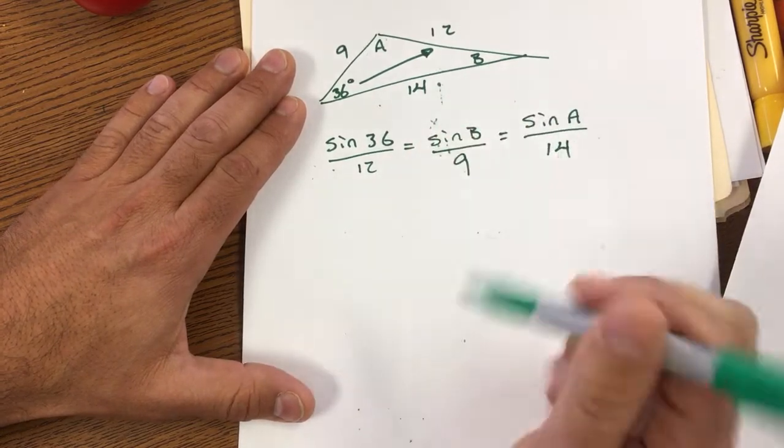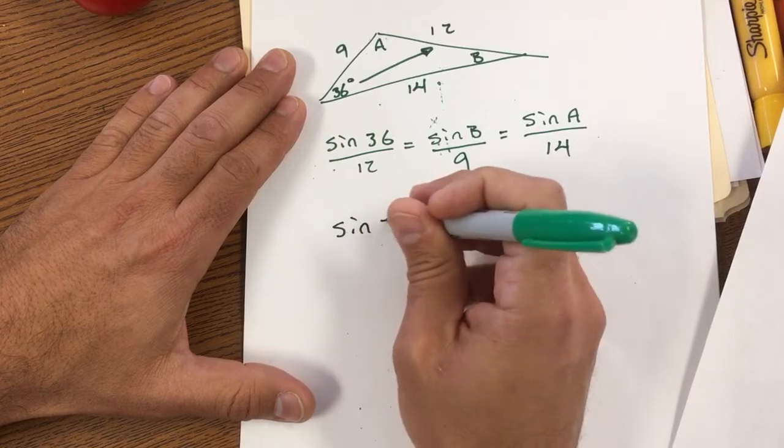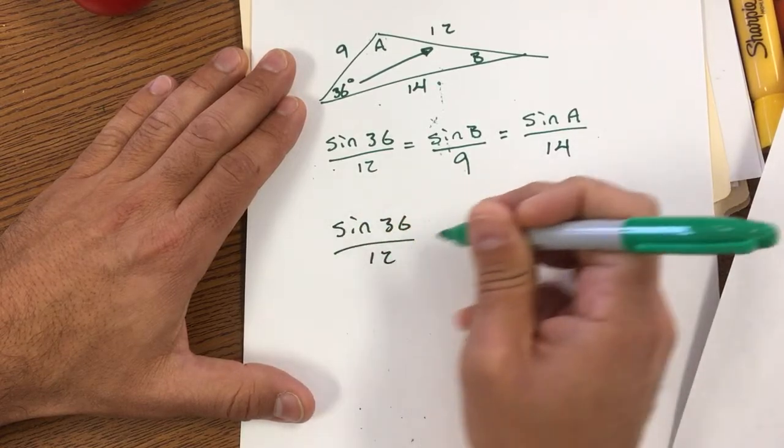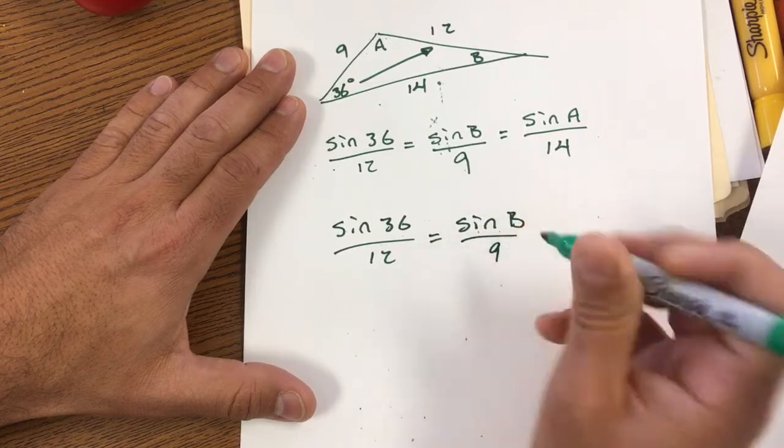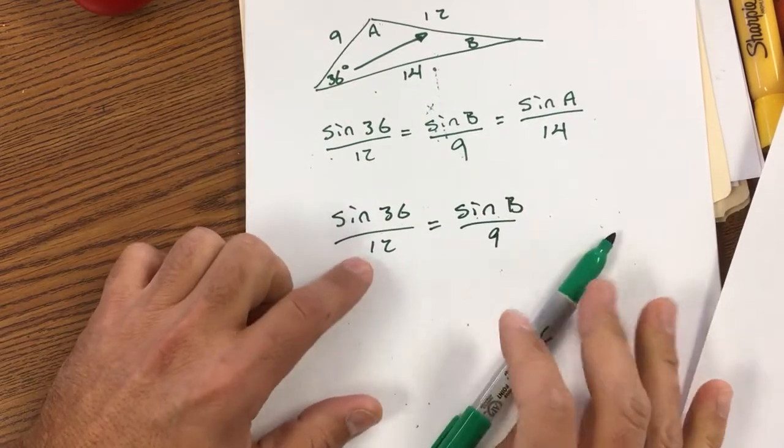All right? So I'm going to do the sine of 36 over 12 equals the sine of B over 9. And I need to do this in my calculator.